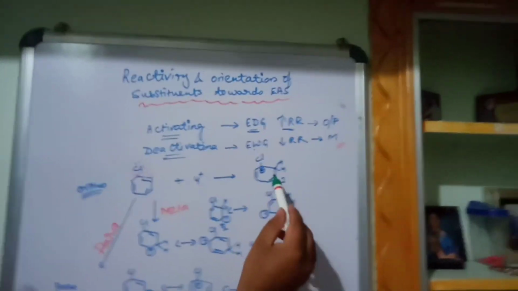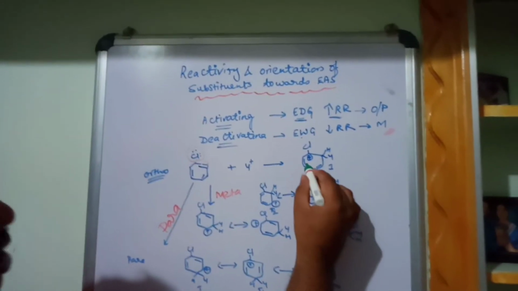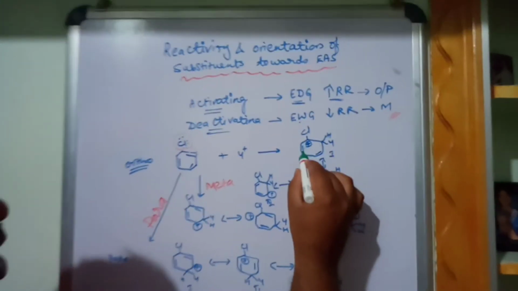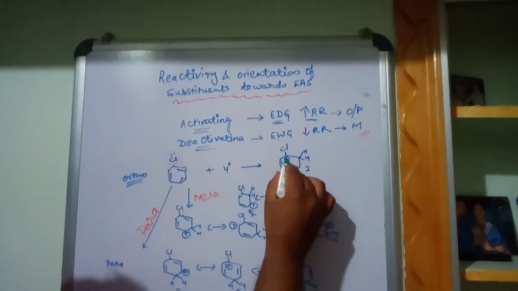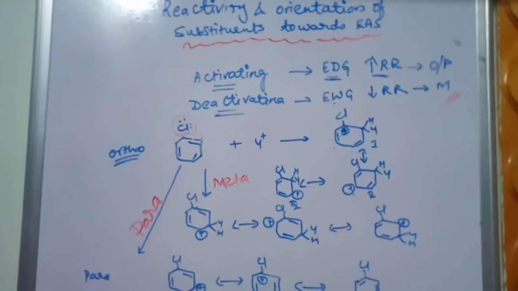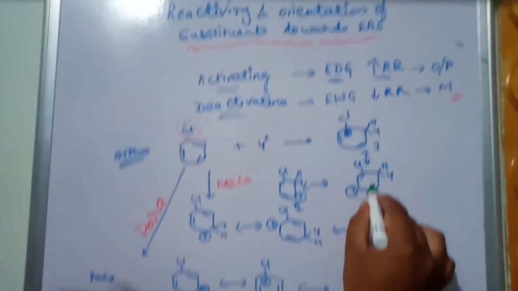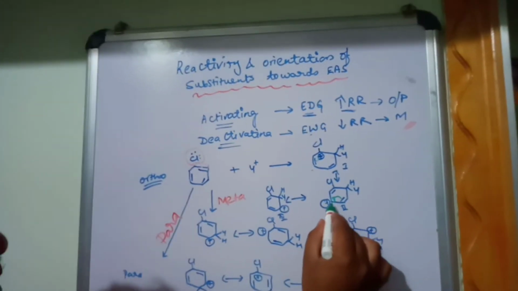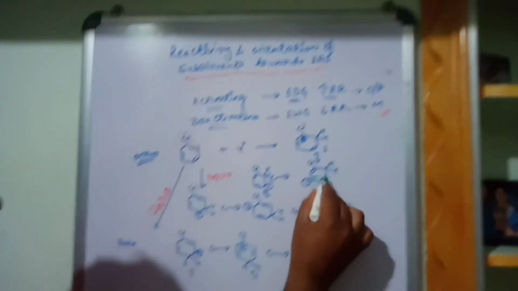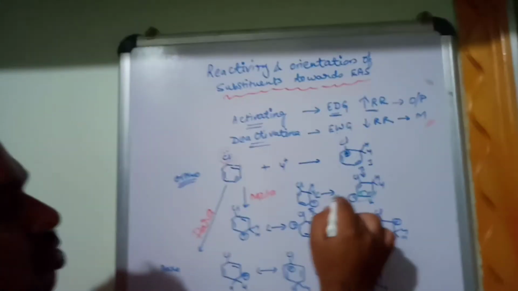Now this is the first resonance stabilized structure, and this will undergo other resonance structures. The pi bond moves towards the charge and the charge comes here. You get the second resonance structure. In the third resonance structure, the pi bond will move towards the charge and the charge will move towards the remaining pi bond. So you get the third structure. So this is 1, 2, 3.